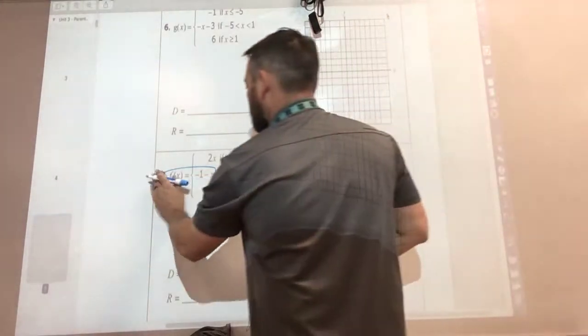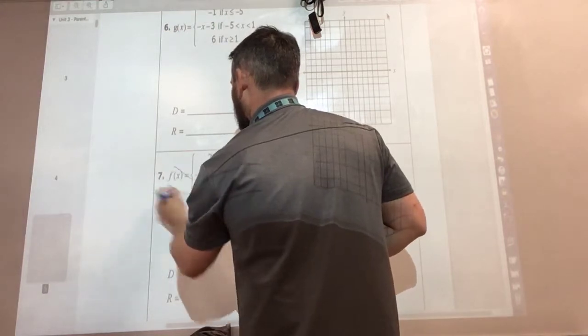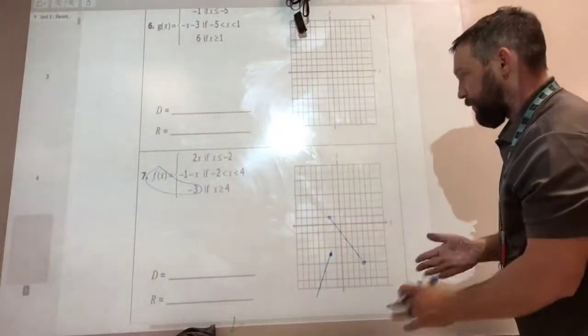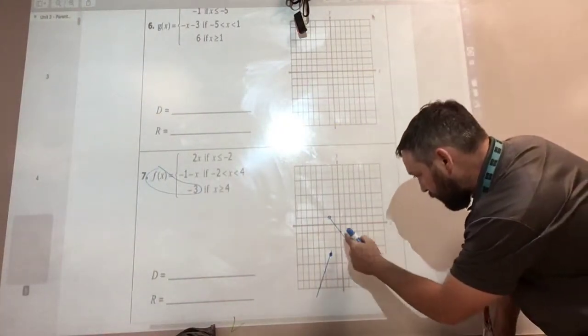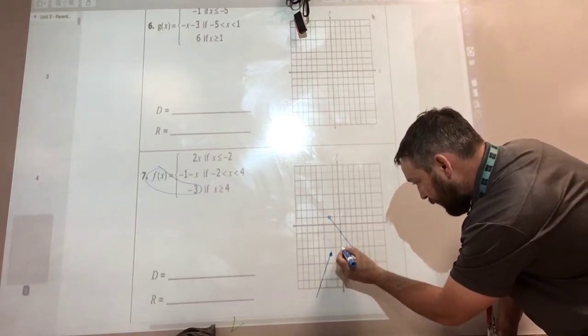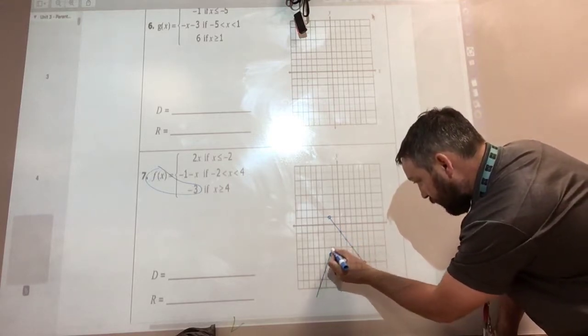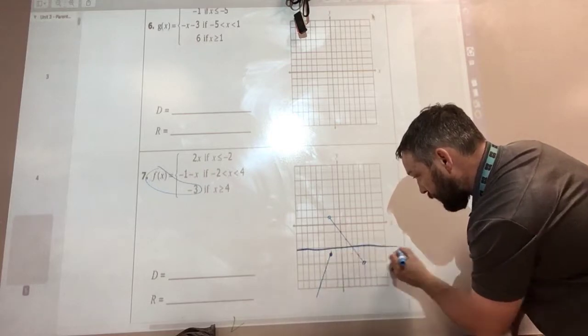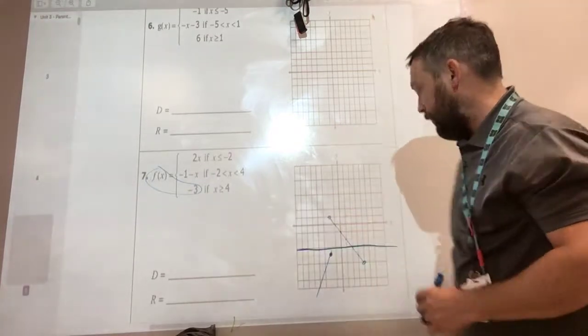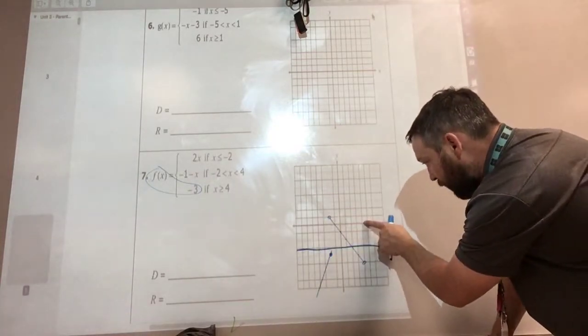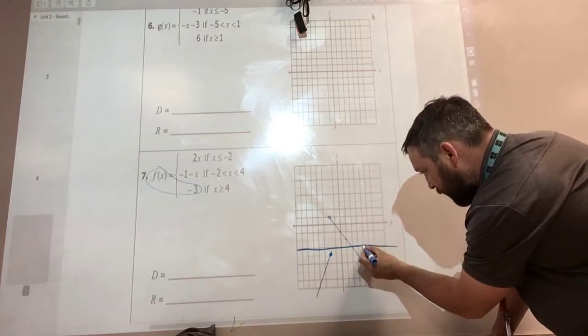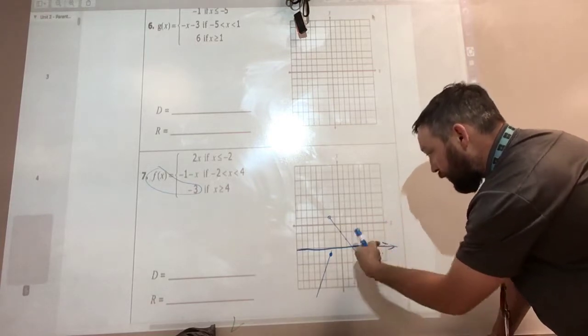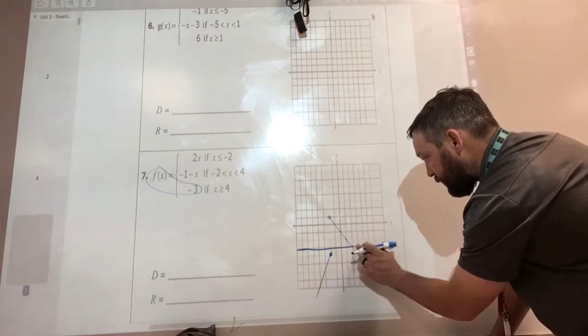And then y equals negative 3. So 1, 2, 3. That would be a line going all the way across like this, right? But I'm picking up here at 4. So 4, a solid dot, and I want to see everything this way. So all of this.